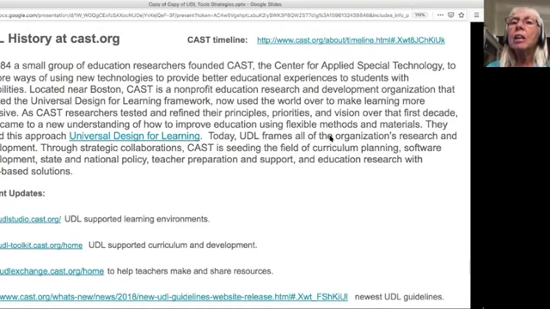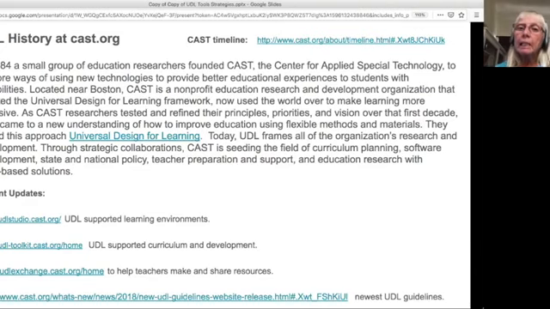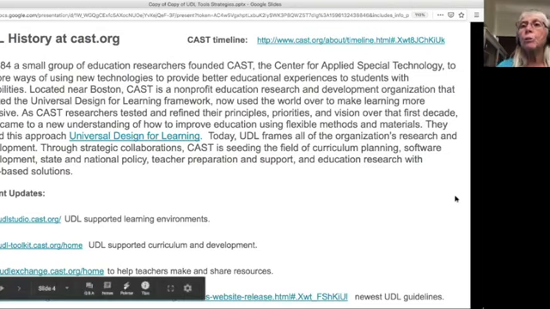So Universal Design for Learning reaches out to multiple organizations and is working on curriculum planning, software development, state and national policy, teacher preparation and support, which is where we come in, and education research with UDL-based solutions. So I put some links in there with recent updates to what's going on at CAST that you may wish to investigate at any time. Okay, next slide, please.